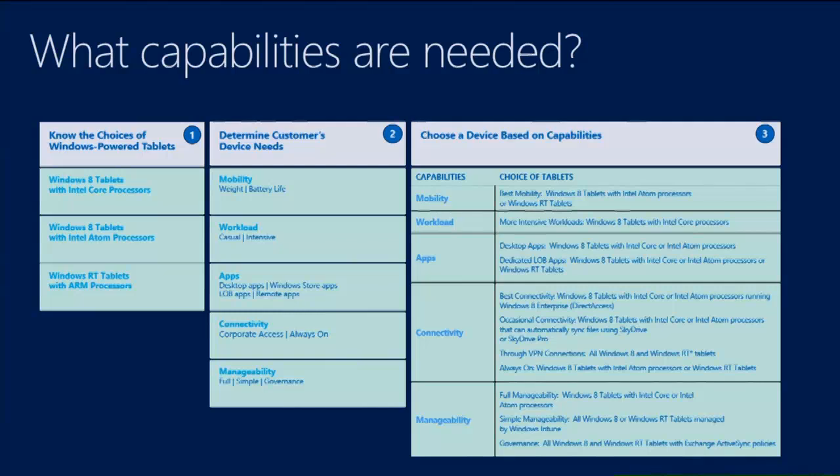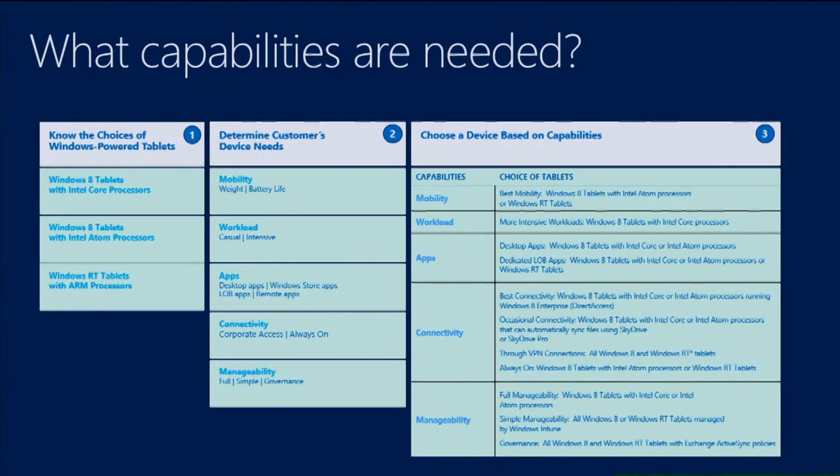We've worked with customers who have decided to use Windows RT devices for their salespeople working in a retail establishment where they carry around a machine all day to help customers. We've seen these Windows RT devices used with road warriors who just want to be able to easily check on their email from wherever they're at. So there are a variety of scenarios where these devices work really well.